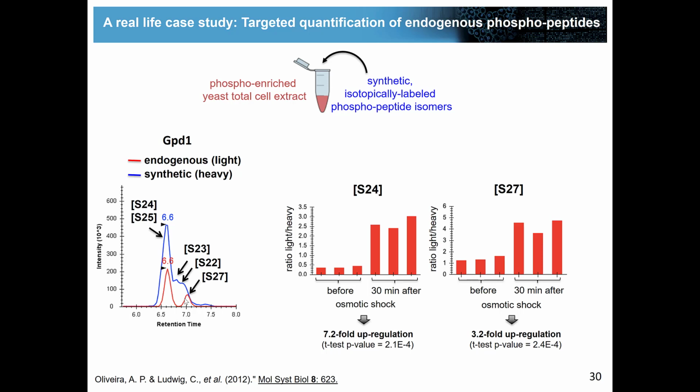I could unambiguously identify that I have only the phosphopeptide serine 24 and only the phosphopeptide serine 27 present in my sample. And as both of these endogenous samples here were baseline separated, I could use all the transitions to quantify them. Exactly, and we found that these 2 phosphosites were actually upregulated upon osmotic shock quite significantly.